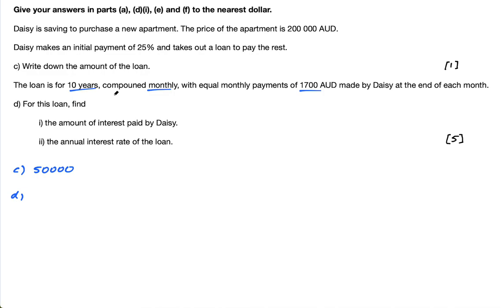Okay, so basically, she's going to pay $1,700 every month for 10 years. Now, in 10 years, how many months are there? Well, there's 120.